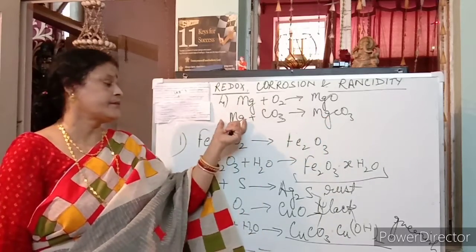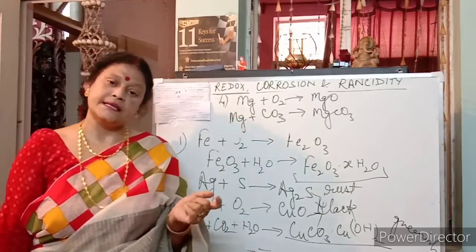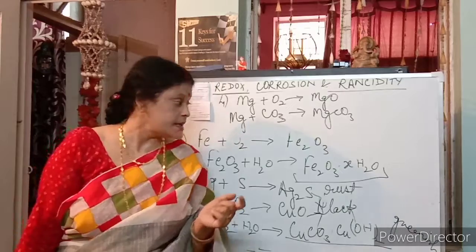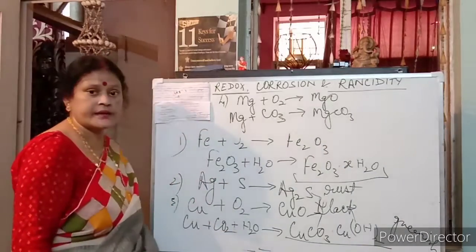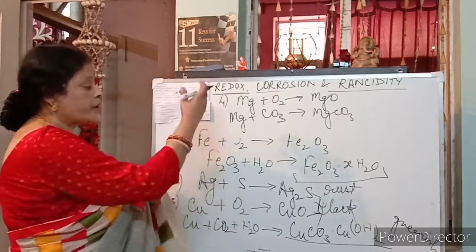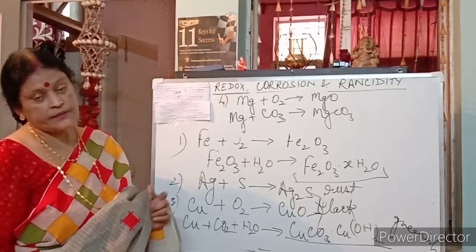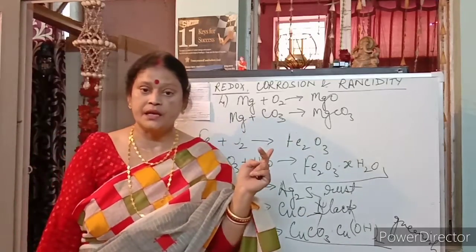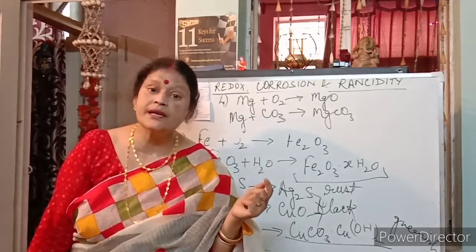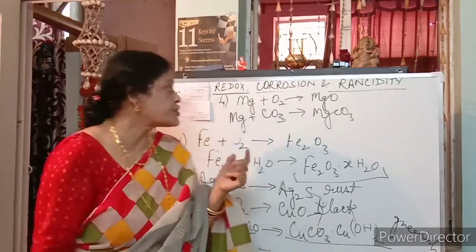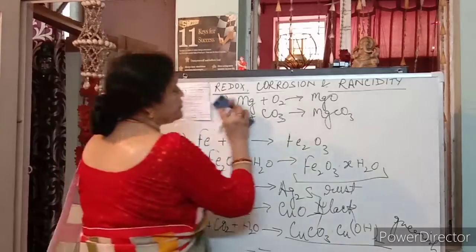So, the reaction could be easier. Right? These are a few reactions in your book showing corrosion. How can it be prevented? Greasing, painting, oiling, galvanization. What is the galvanization process?